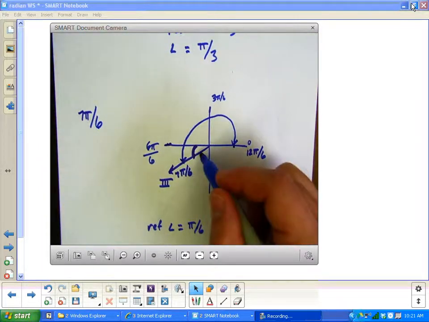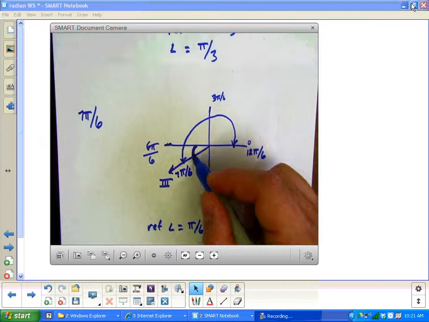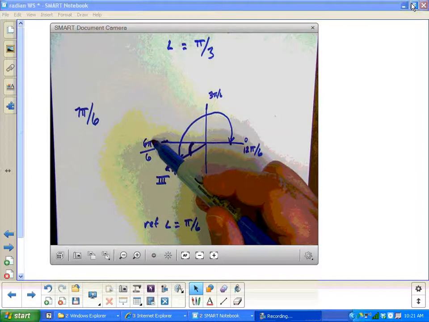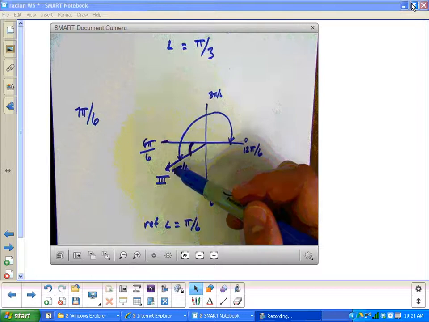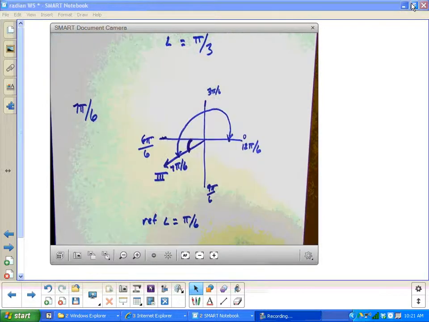The reference angle would be just this much. If this is 6 pi over 6 and this is 7 pi over 6, then that is only 1 pi over 6 more. Does that make sense now? Let's just do another one. I can kind of show you that.